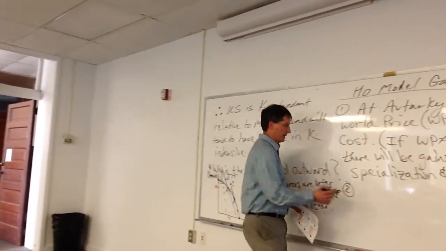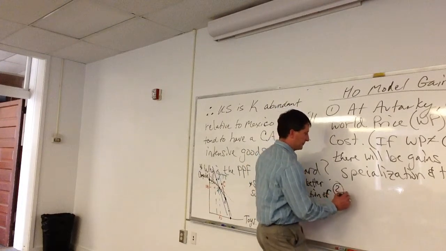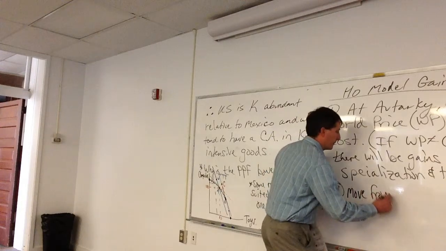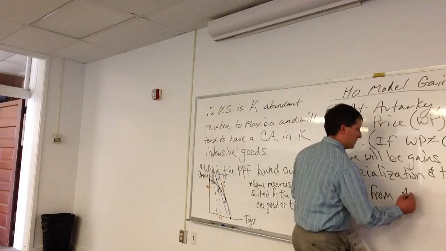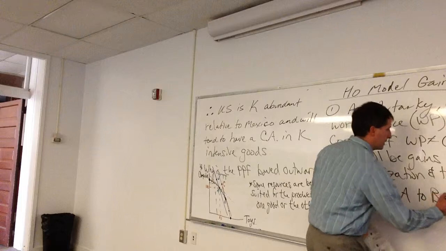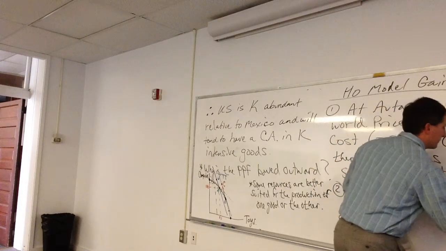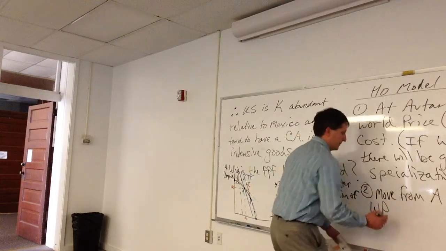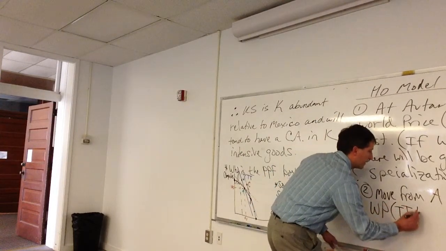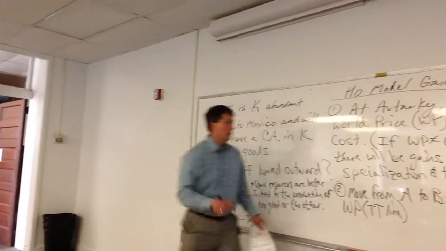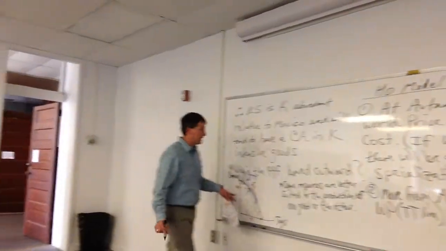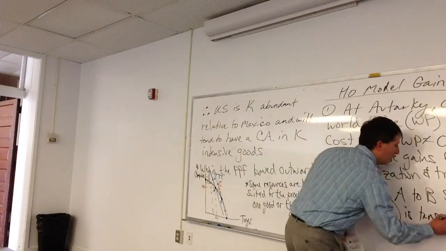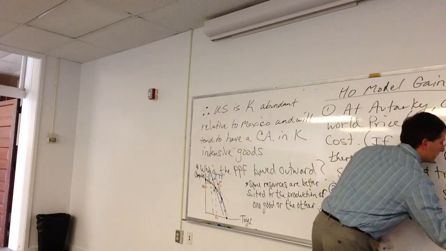So move from point A to point B such that the world price, which is our TT line, remember, is tangent to the PPF.